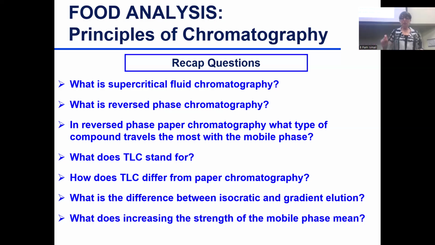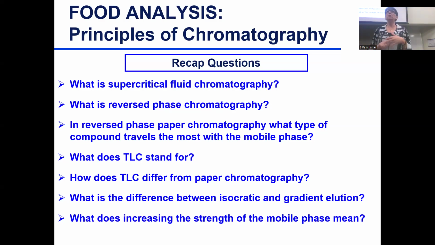So isocratic elution means we use a mobile phase at one concentration and it doesn't change throughout the analysis time. Same concentration, same flow rate, same everything, the entire analytical run. Whereas gradient elution is what?